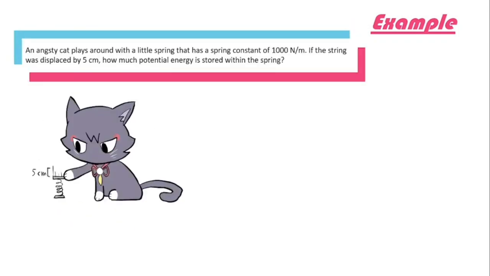Here is an example of a problem involving elastic potential energy. An angsty cat plays around with a little spring that has a spring constant of 1000 newtons per meter. If the spring was displaced by 5 centimeters, how much potential energy is stored within the spring? Well, you see this very angry cat here.